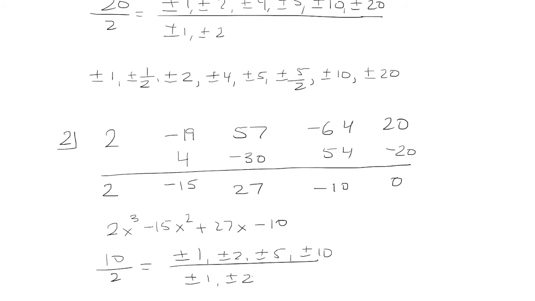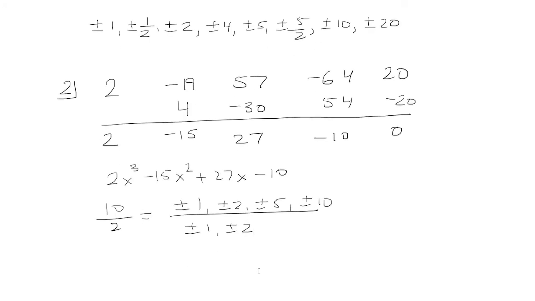Same story here, and you would just look at combinations. 1 over 1, 1 over 2, 2 over 1, 2 over 2 is 1, which we did, and then 5. So the list is a bit smaller than what we had originally.